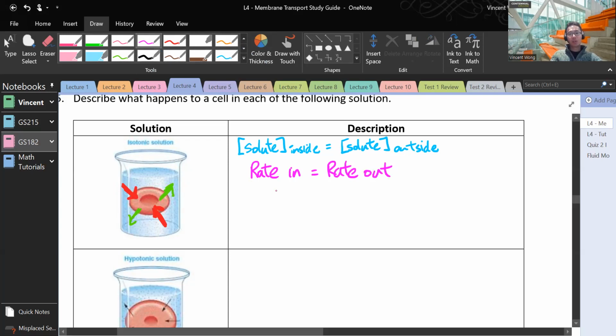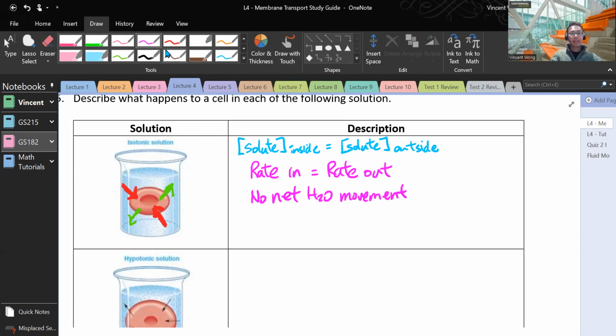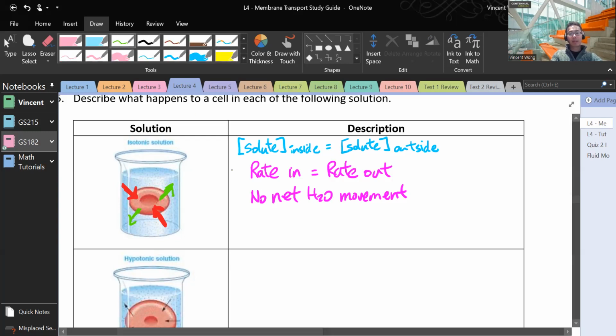As a result, they cancel each other. Then we have no net water movement. In other words, if you don't have more coming in or more leaving, then the end result is no change in cell size.